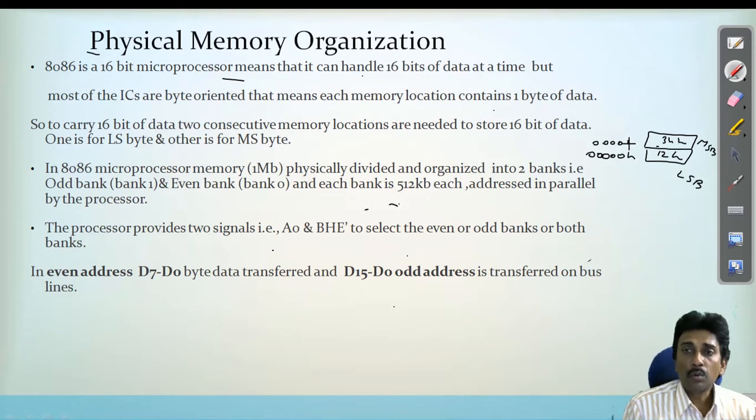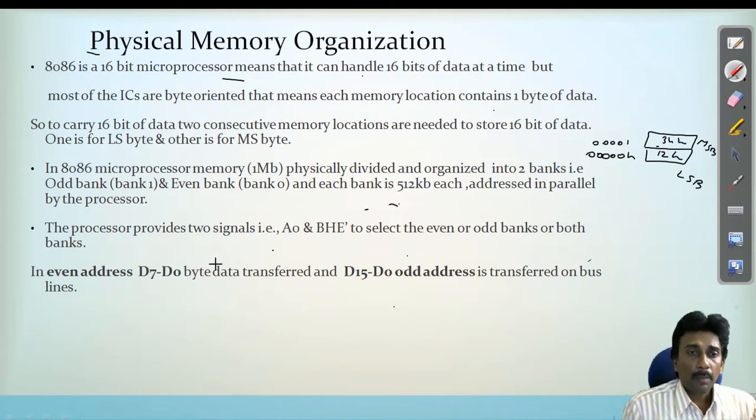That means that two memory cycles will be required to read or write. So for even memory, we need only one memory cycle for a reading or writing operation. But in case we are selecting the odd memory address, we need to use two memory cycles for saving the least significant byte and saving the most significant byte.